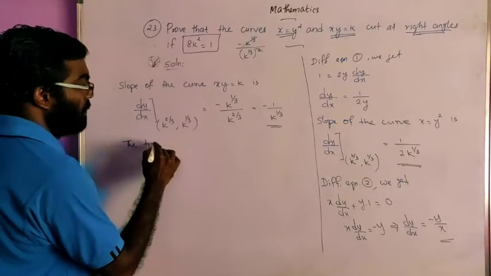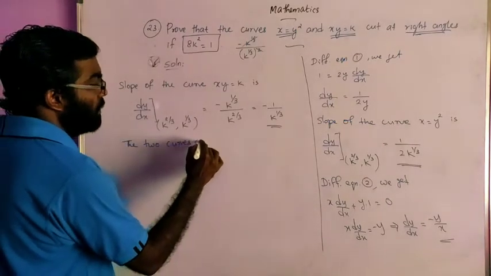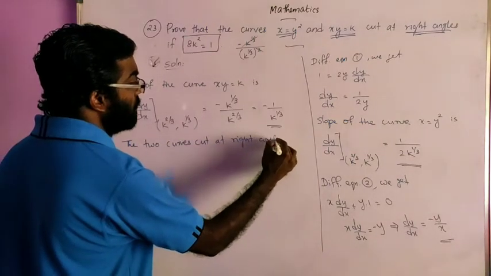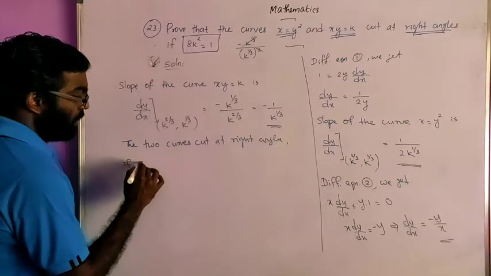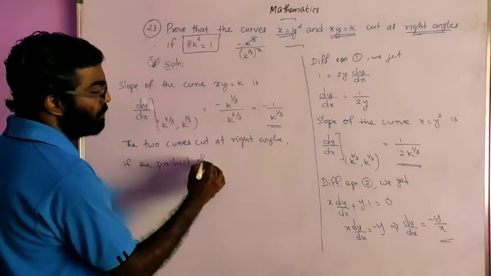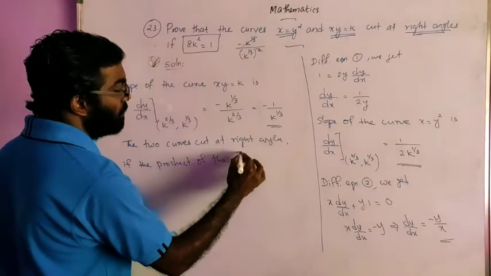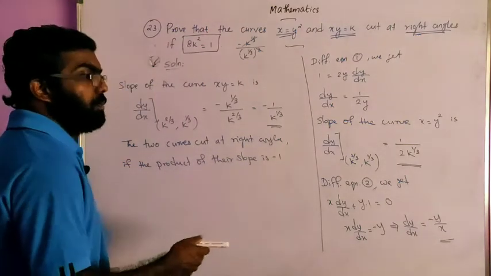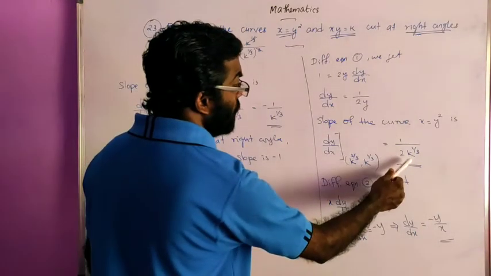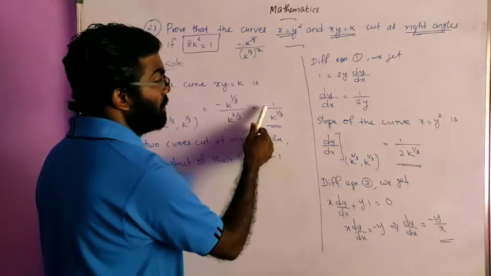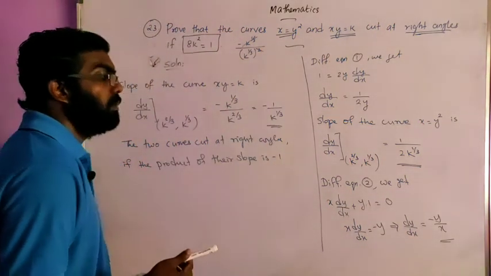So the two curves cut at right angles if the product of their slope is minus 1. Here the slopes are 1 by 2 into k raised to 1 by 3, and the second one is minus 1 by k raised to 1 by 3.